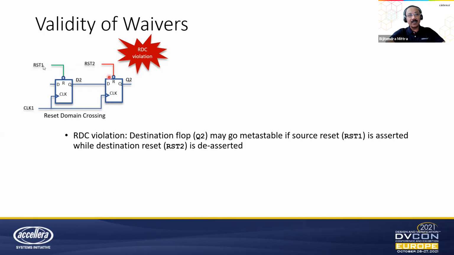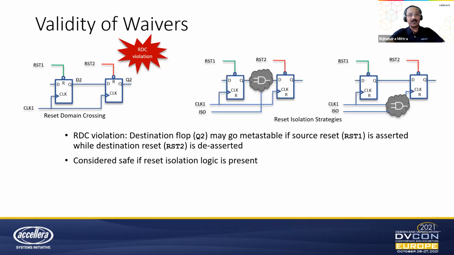So if reset 1 is asserted while reset 2 is still deasserted, the output of the first flop can make a transition very close to the active edge of CLK1, thereby causing the second flop to go metastable. Now, there are several ways you can prevent this from happening, and these are called reset isolation strategies, where either the data path between these two flops or the clock path to the destination flop is gated.